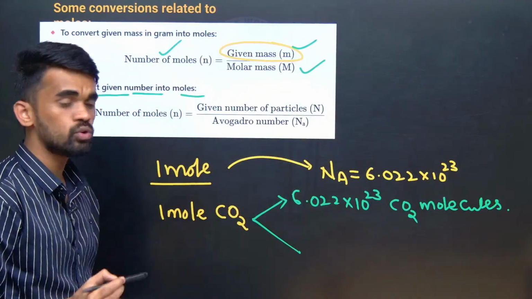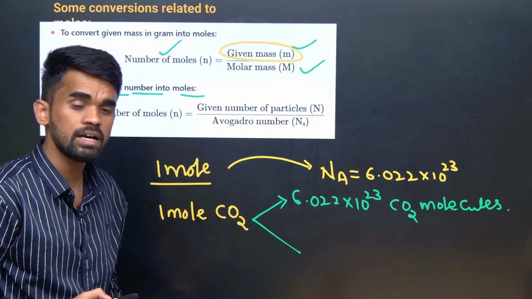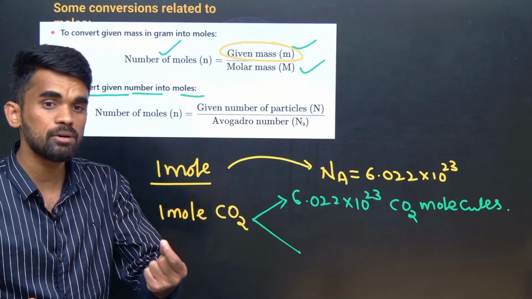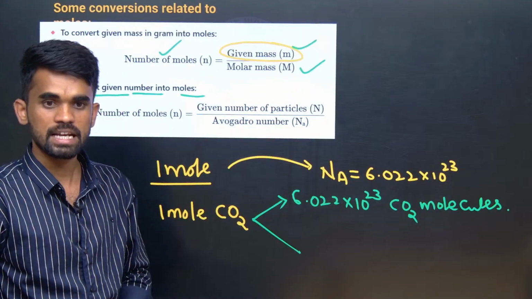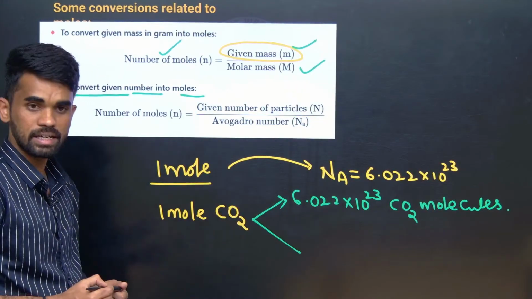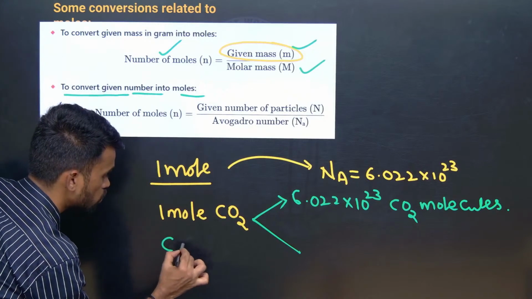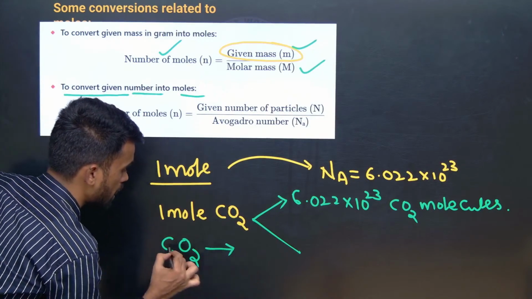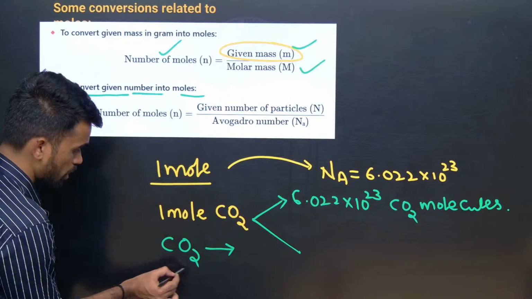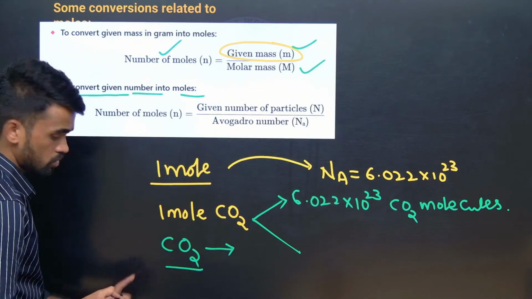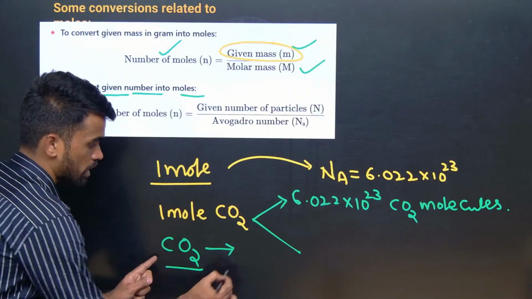If I ask you, in 1 mole of carbon dioxide, how many carbon atoms are present? See, in 1 molecule of CO2, how many carbon atoms are there? 1 molecule of CO2 contains 1 carbon atom.